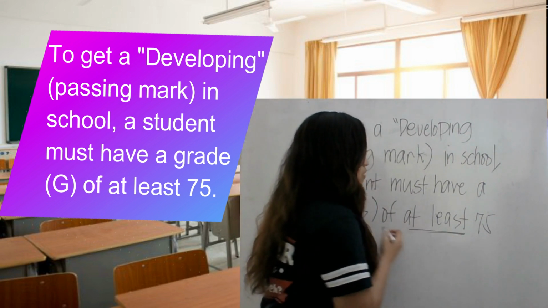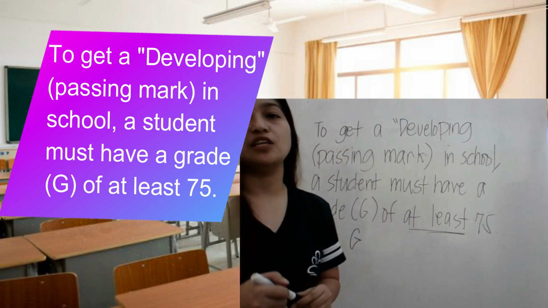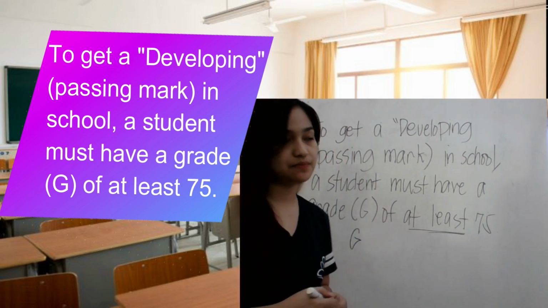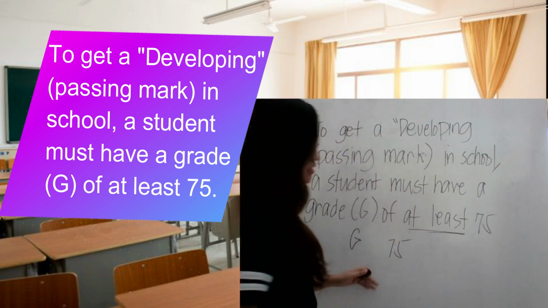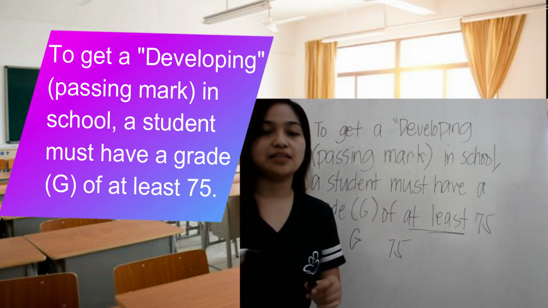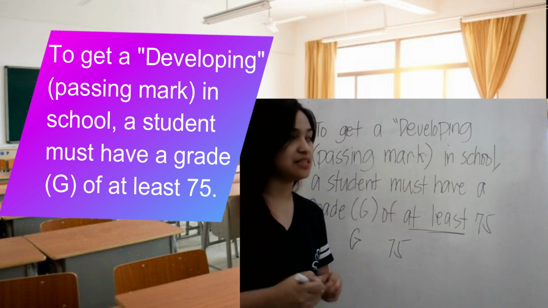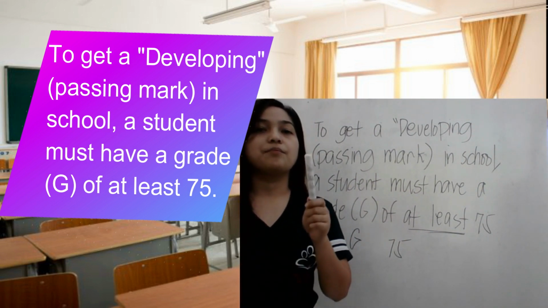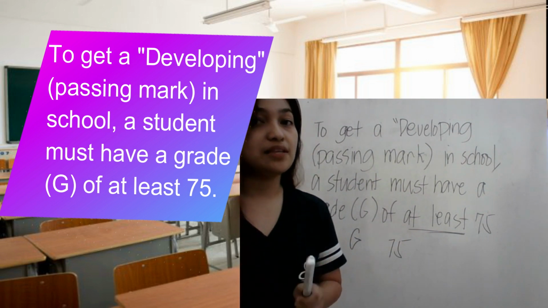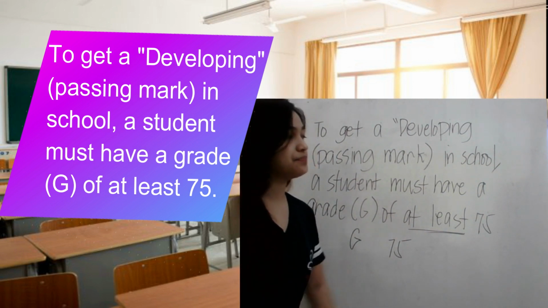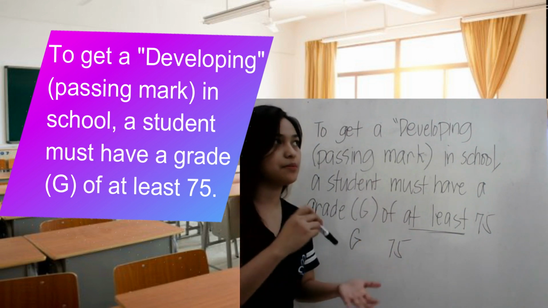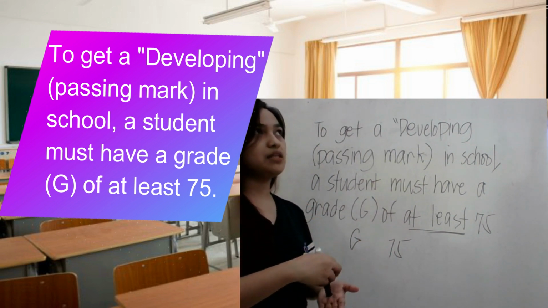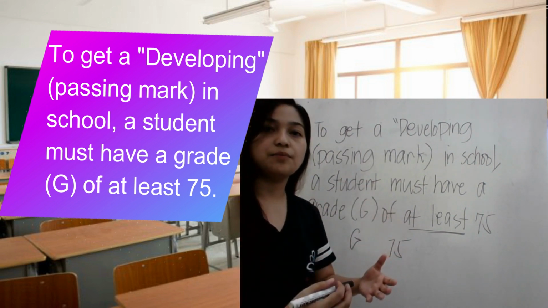So ano kaya ang nagiging inequality kung siya ay at least? And the other given is 75. So ano ang ating inequality? Ano ba pag sinabi nating at least? Ibig sabihin, ang pinakamababang marka na kailangan makuha ng bata sa school ay 75. So anong gagamitin po natin? Pinakamababa niya. So ibig sabihin, pwedeng higher kay 75 ang makuha ng bata.